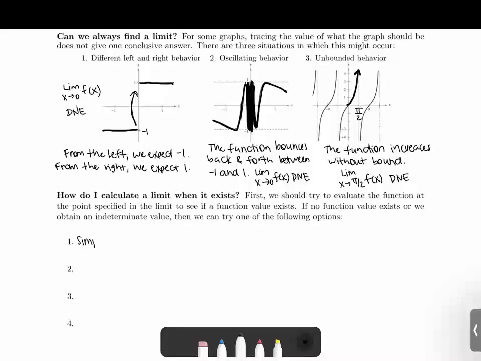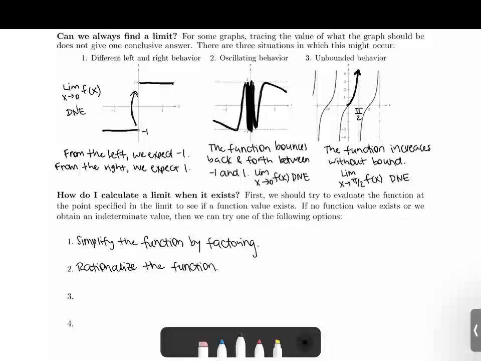Option 1 is to simplify the function by factoring. Option 2 is rationalizing the function. Remember that rationalizing has to do with multiplying the function by something, typically involving a square root, on the top and the bottom, the same thing.